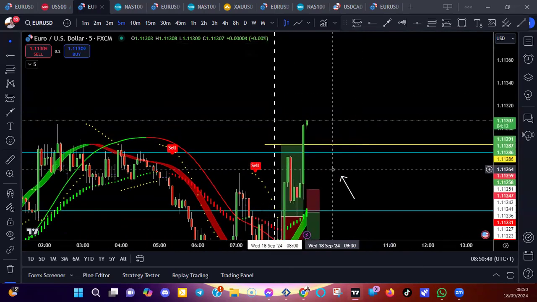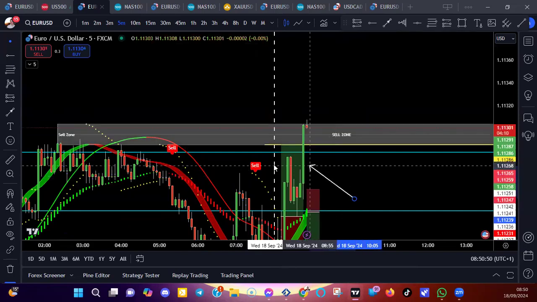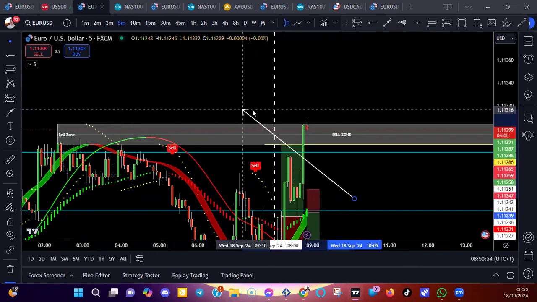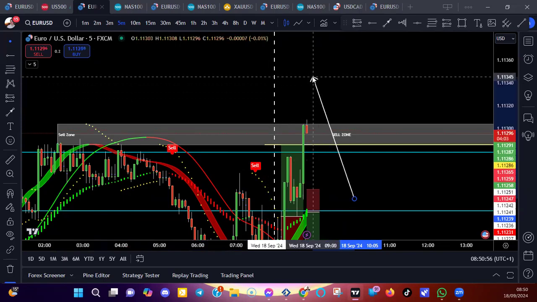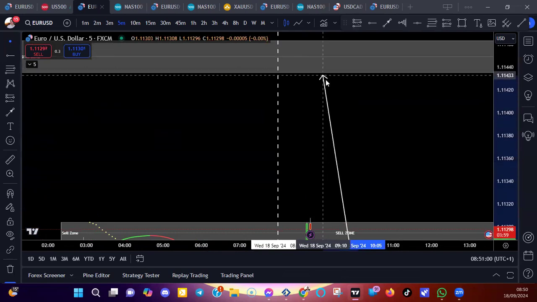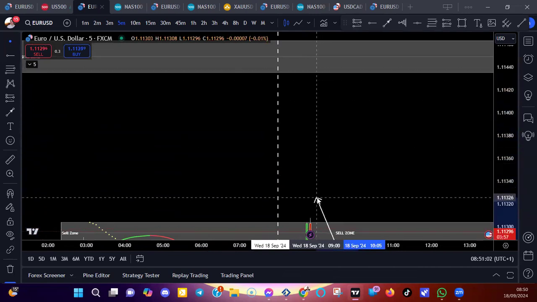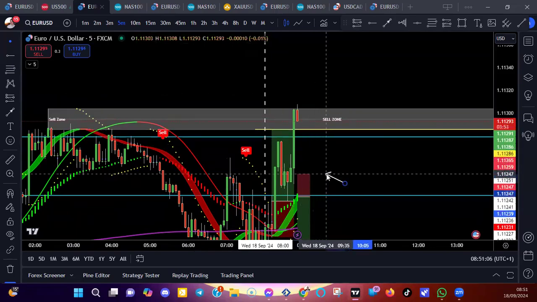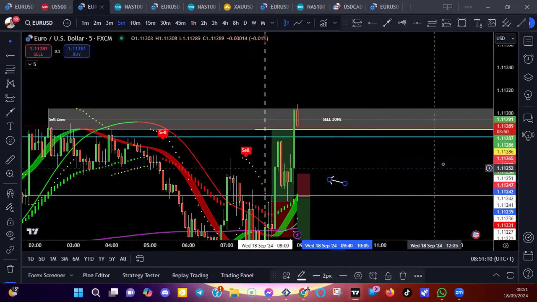So are we indeed creating higher highs than we did over here? Maybe going up to the next sell zone eventually, which is up there, and by doing so, creating a few sell opportunities.